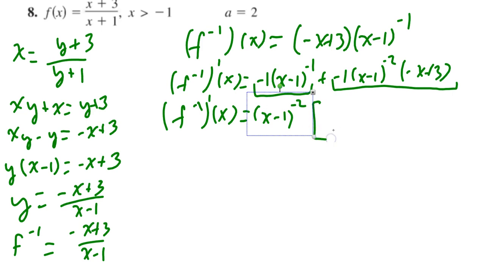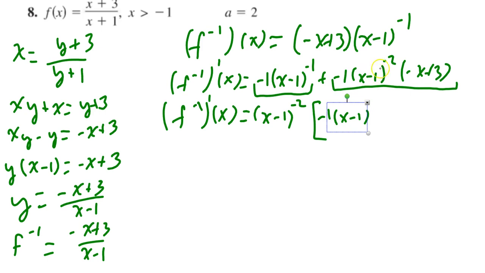And I would be left with, well, the first term would be left with just negative 1 times, if I take out a negative 2 from a negative 1, well, negative 1 minus negative 2 becomes just x minus 1, right? To the first, if you want to put a first, but I don't think we really need the first power, right? Okay, so I'm going to get rid of that.